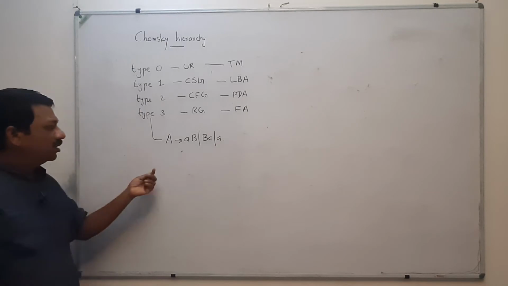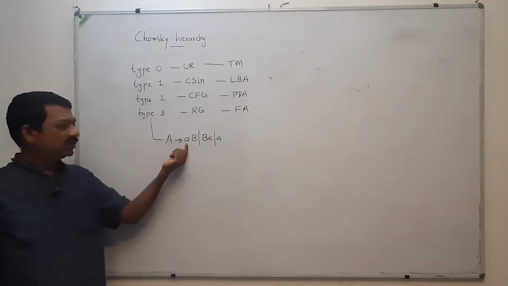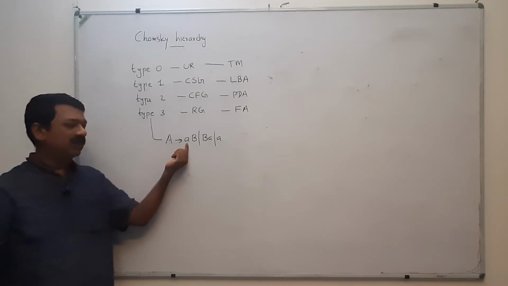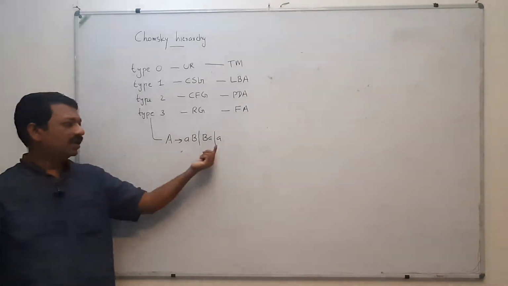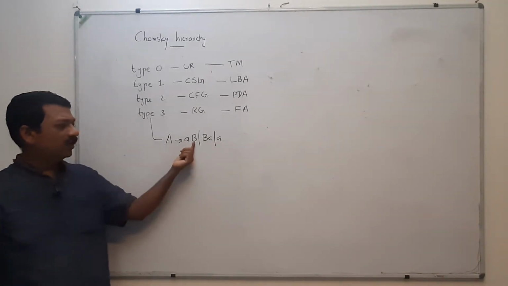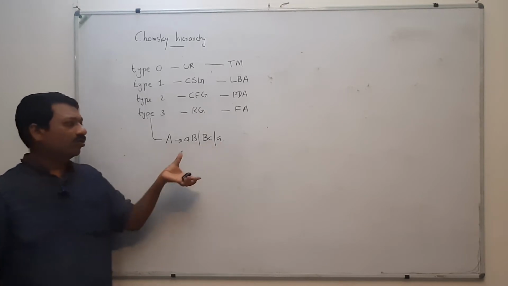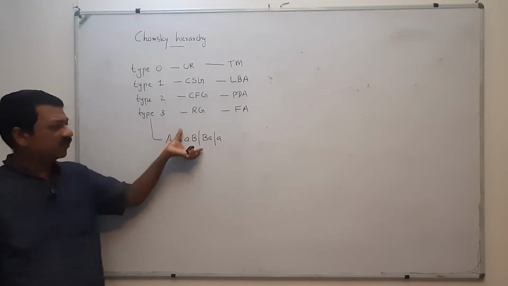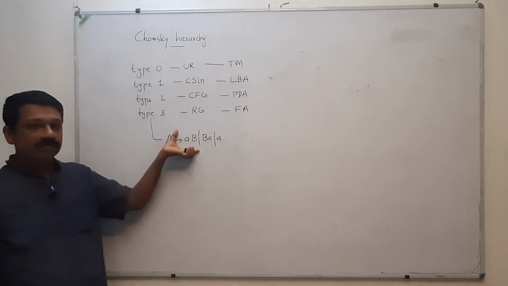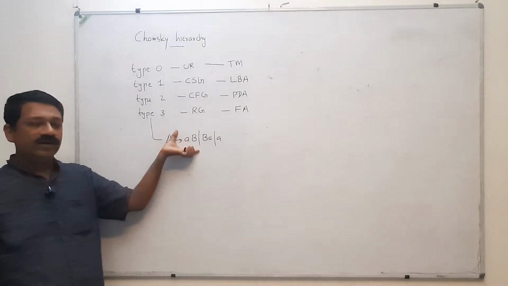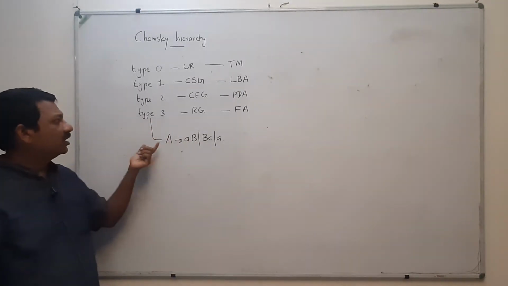That means on the right hand side of every production, it should start with a terminal or end with a terminal, or be a terminal. It is deriving a terminal followed by a non-terminal, a non-terminal followed by a terminal, or a terminal. If all the productions are of this form, we can easily construct a transition diagram of a finite automaton from this, and this is called type 3 grammar.